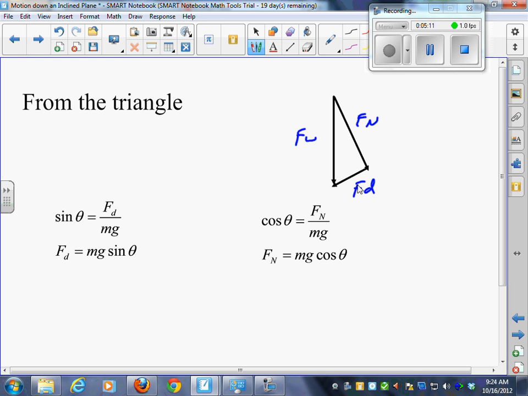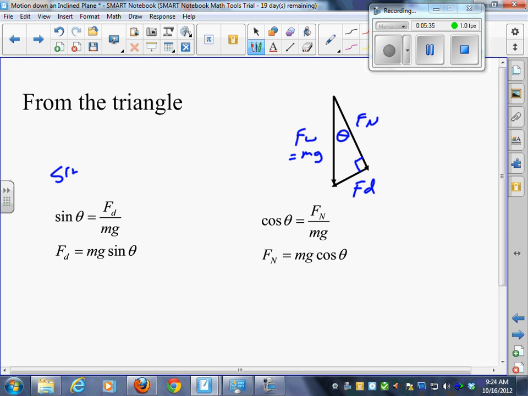And if this angle here is theta, then I use basic grade 9 trigonometry. That's 90 degrees, right? So from this, sine of the angle is opposite, Fd, over the hypotenuse. Now the hypotenuse is my weight force, which is equal to mass times gravity, right?